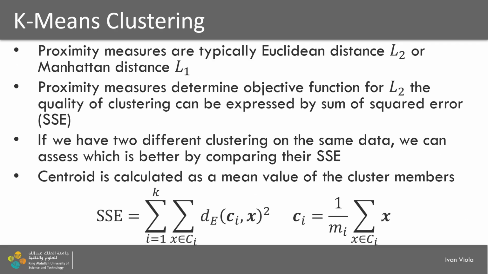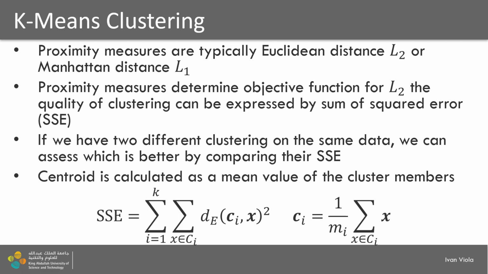Now we have still several choices how this clustering should proceed. So for example, in detail, we can think of what type of proximity measures should we be using. Typically, we will be using the Euclidean distance L2 or Manhattan distance L1 for reasonably spatially defined attributes.